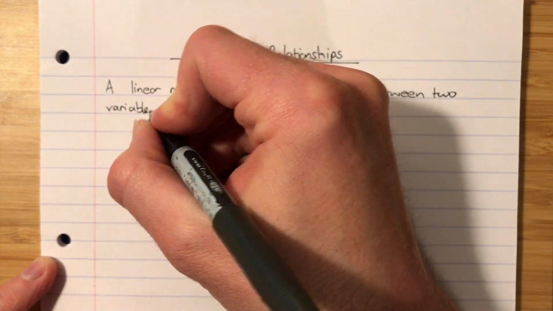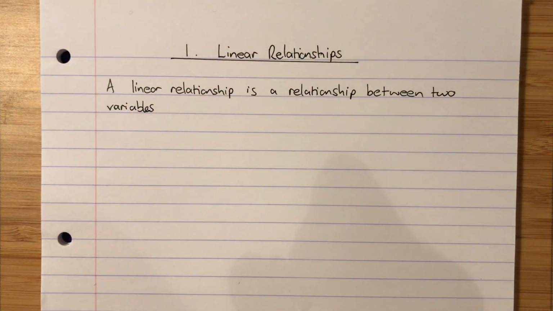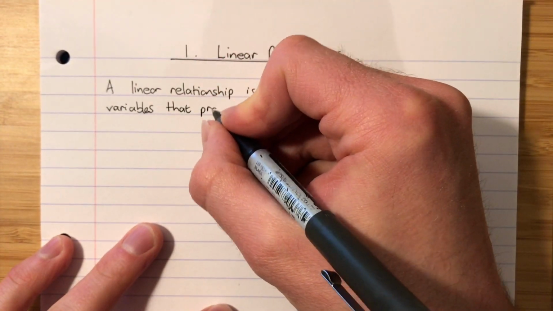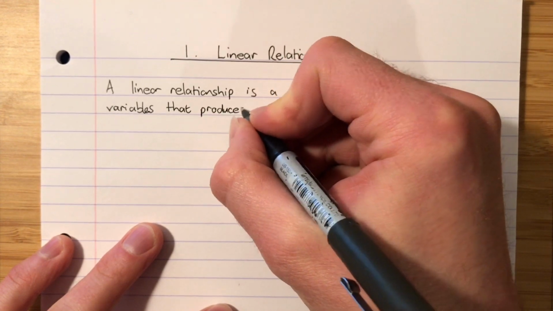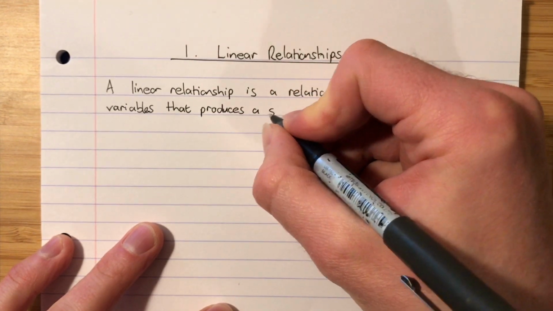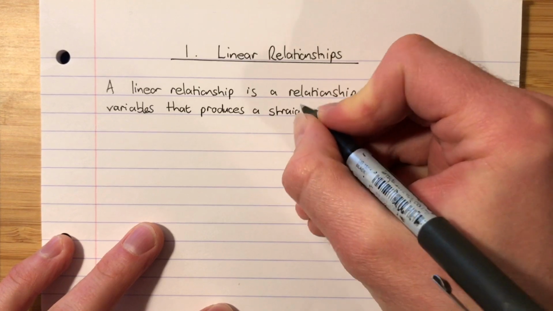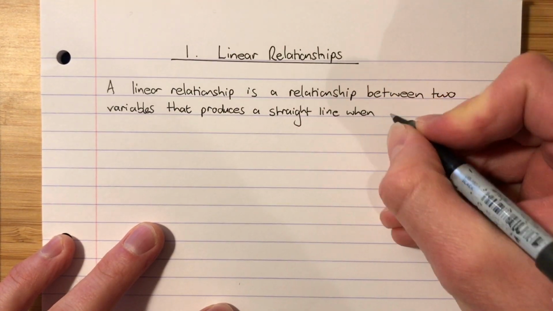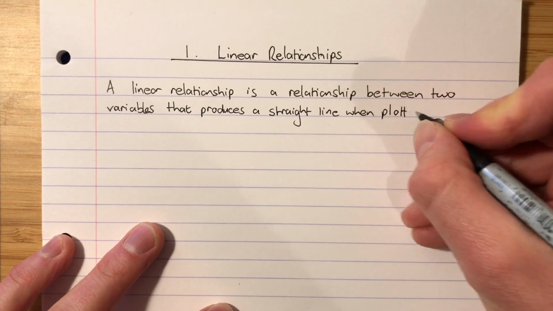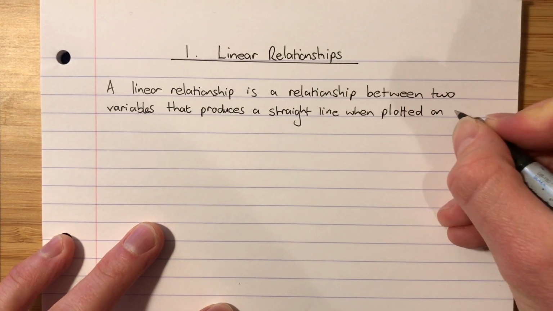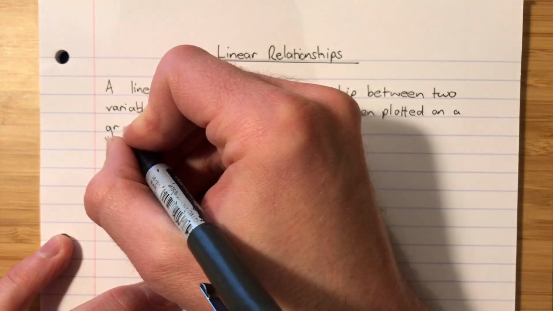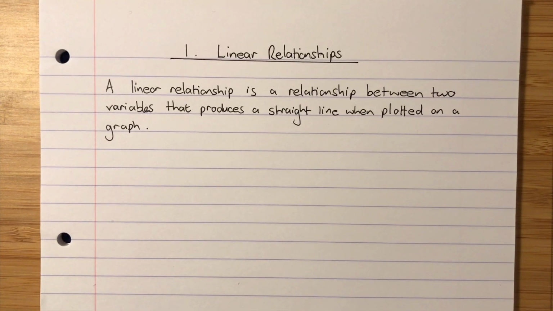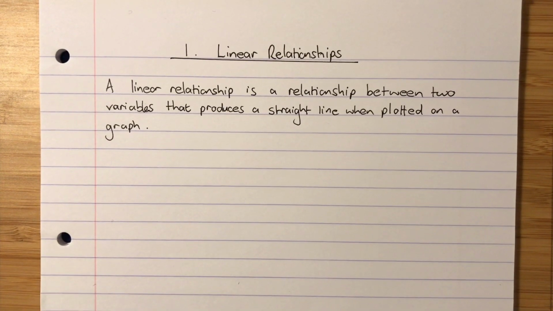So a linear relationship is a relationship between 2 variables that produces a straight line when plotted on a graph. So before we go on and start to build on that information from National 5, let's first of all master those subskills.